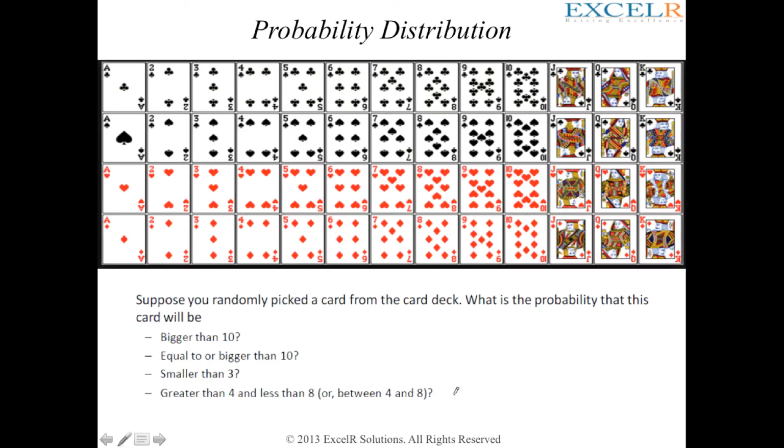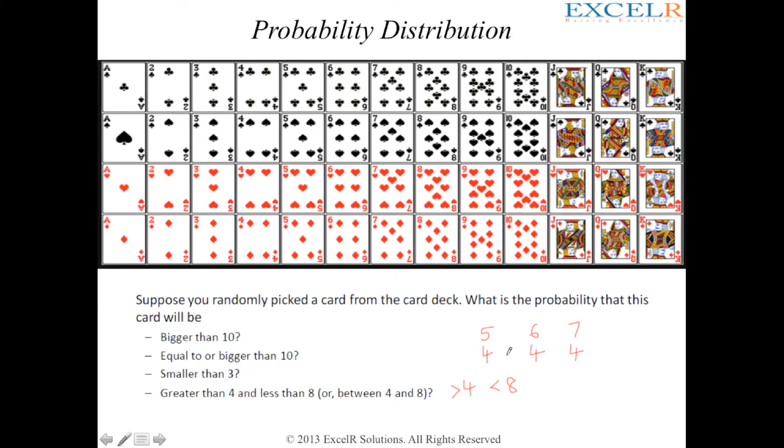The probability of a card, if you randomly pick it from one of these 52, being greater than 4 and less than 8 is a question. Greater than 4 and less than 8, you'll have numbers which include 5, 6, and 7. We have four variants of 5, sorry, four variants of 6, and four variants of 7.